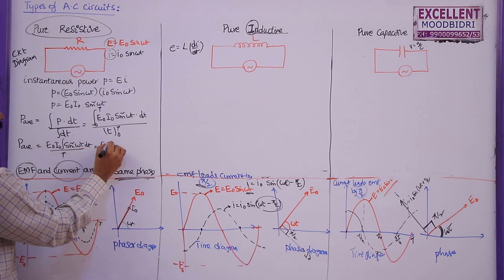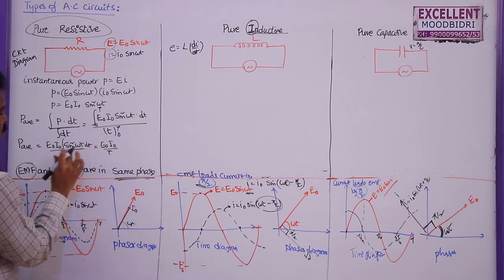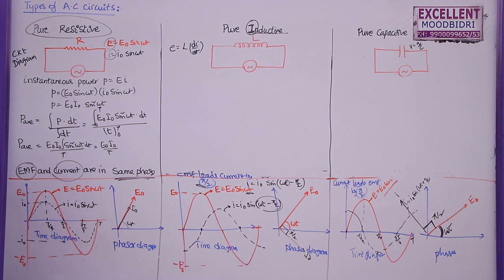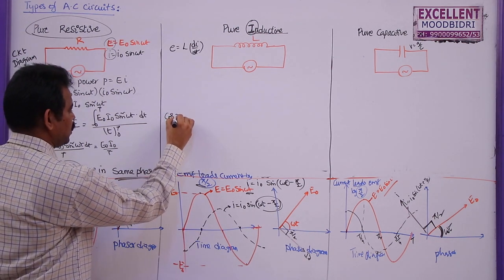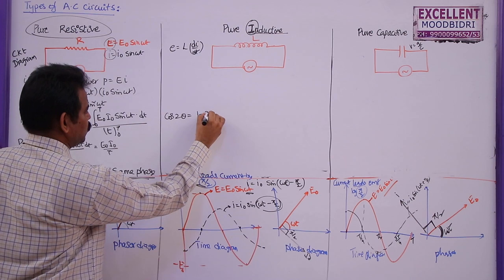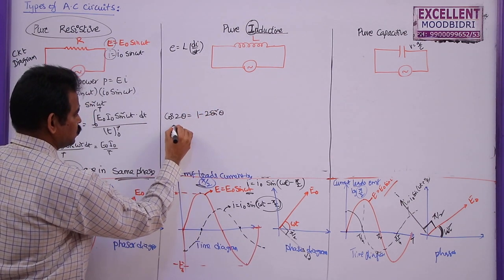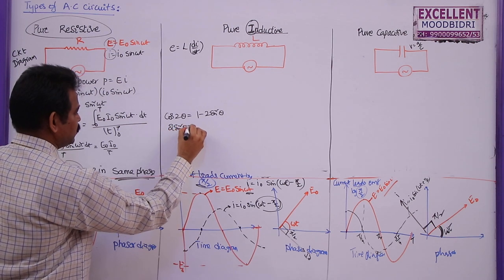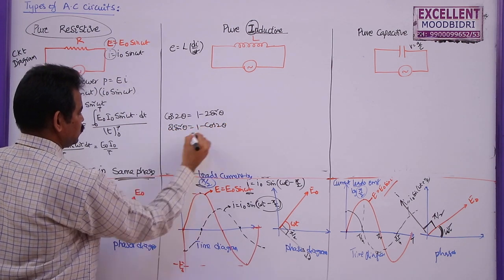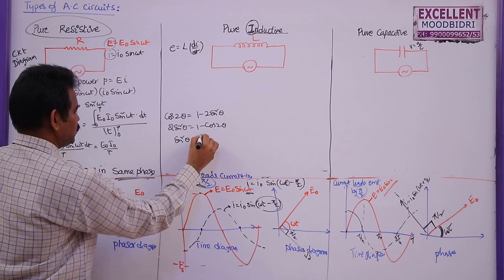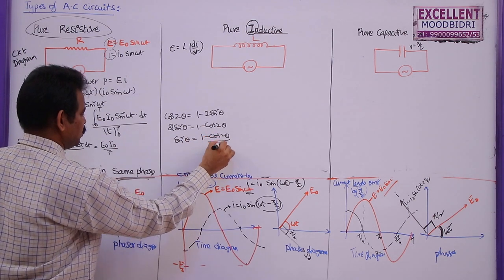Now this is E naught I naught by T, and sin square omega t can be written using the formula cos 2 theta equals 1 minus 2 sin square theta. So you can interchange these: 2 sin square theta is equal to 1 minus cos 2 theta, so sin square theta is equal to 1 minus cos 2 theta by 2.